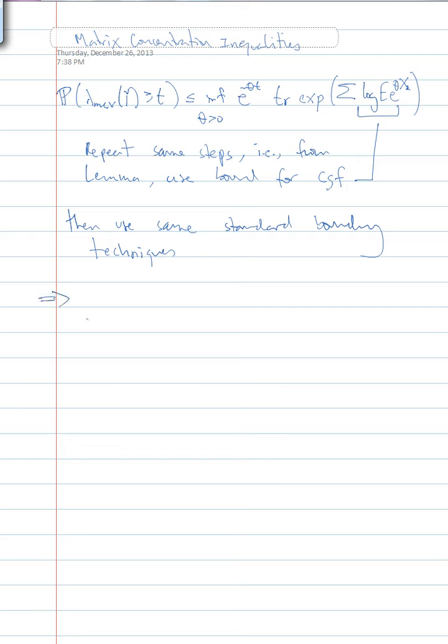And in precisely the same manner, we get that the probability that lambda max of Y is bigger than t is less than the infimum over theta in the range between 0 and 3 over r of d times e to the minus theta t times e to the g of theta sigma squared. So again, this is an infimum, and we could optimize this.